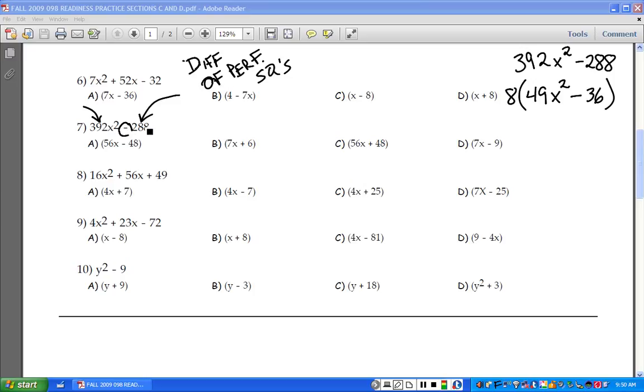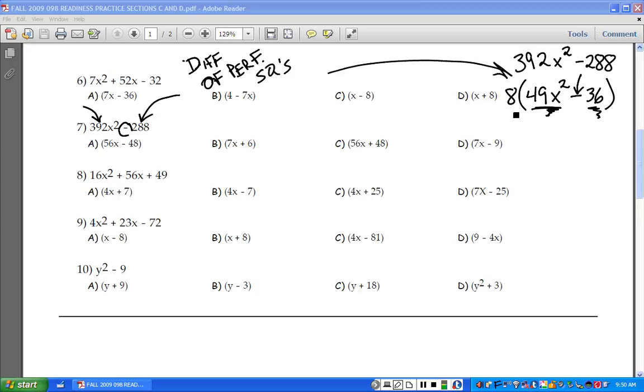Well, I didn't know 392 and 288 to be perfect squares, but when you factor out the 8, guess what you're left with? 49x squared is a perfect square, 36 is a perfect square, and there's your difference. There's your minus sign in the middle. So once I break the problem down to see that it's a binomial and it's the difference of two perfect squares, I know what that gives me is basically the square roots of these numbers as the sets of factors, one being a plus sign, one being a minus sign in the middle.